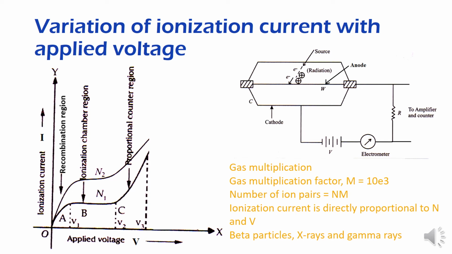Therefore, this voltage range V2 to V3, look at the graph. The voltage value from V2 to V3 is called as proportional counter region. This particular voltage region is used in order to detect beta particles, X-rays and gamma rays.